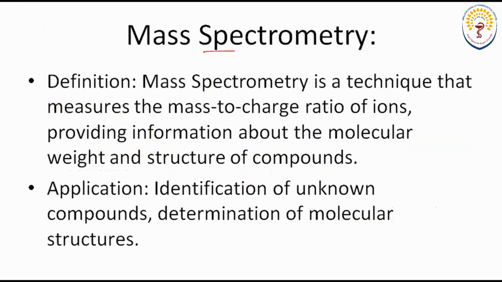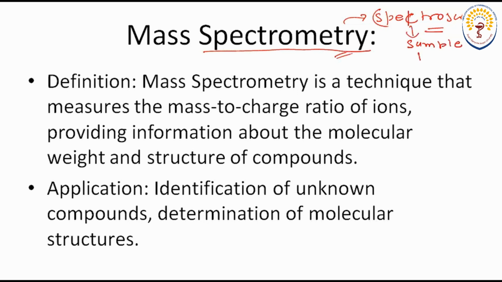Now the next technique is mass spectrometry. See, spectrometry is somewhat different from spectroscopy. In the previous slide you understood about spectroscopy, but spectroscopy is a little different from spectrometry. Why? Because in the spectroscopy method the sample which we are analyzing remains intact.